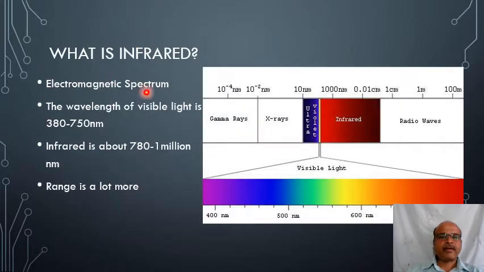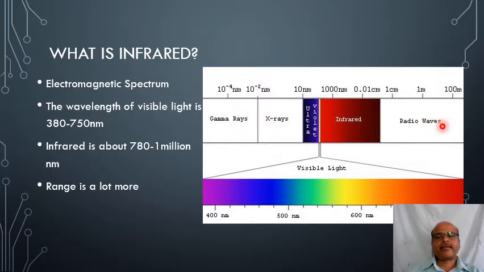Then, what is the infrared region? If you observe the electromagnetic spectrum, this is the infrared region. The wavelength of visible light is 380 to 750 nanometers, and infrared is about 780 nanometers to 1 million nanometers.